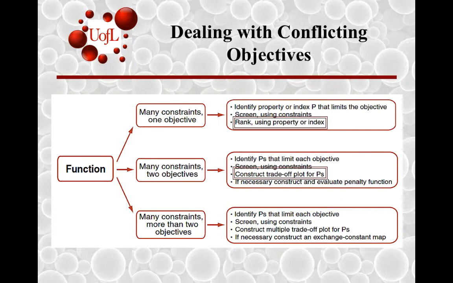The more complicated scenario where you have many constraints and more than two objectives involves progressing from a penalty function that we've outlined to getting to an exchange constant. We will leave that out of our consideration for now, but continue during the next week to look at how to deal with situations where you have many constraints and multiple objectives.